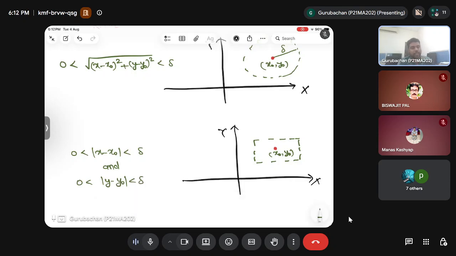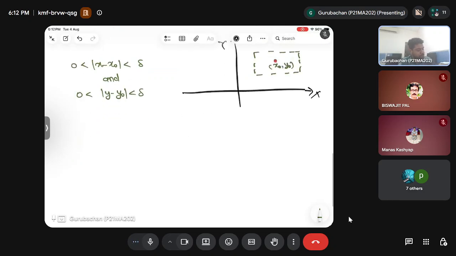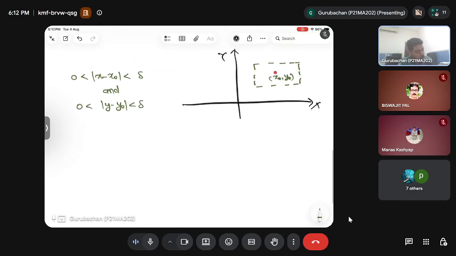So this was about the neighborhood, how in two variables you see the neighborhood. So let me write the formal definition.